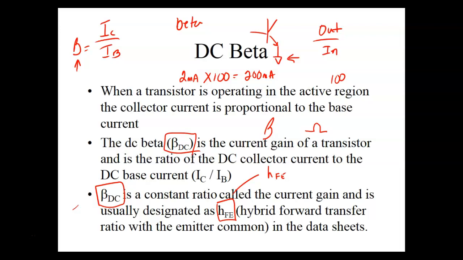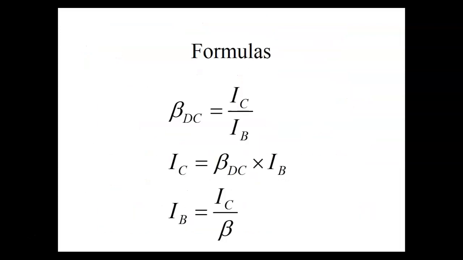And this is usually what we do. So it doesn't mean it has to be connected to common. What we mean is it has to be pointing toward common, right? So when we start looking at this in the data sheets, we're going to be looking for H sub FE.